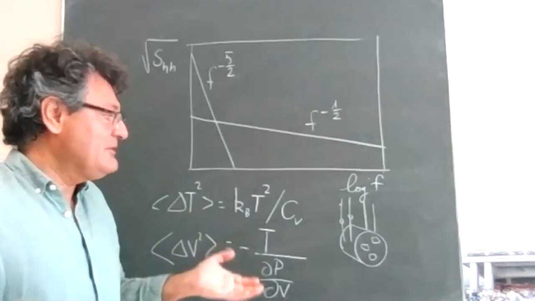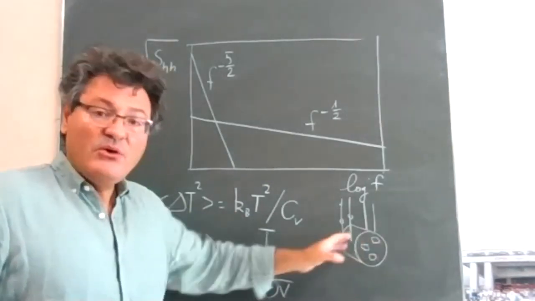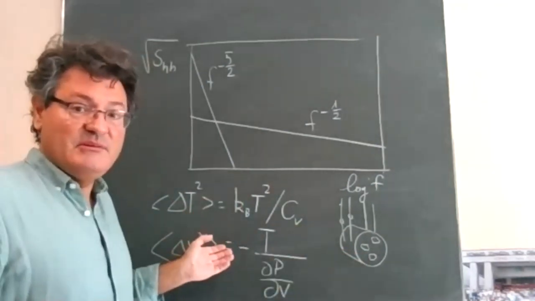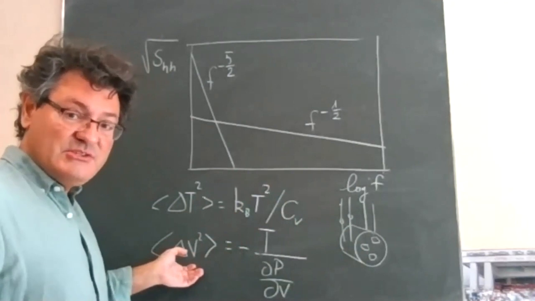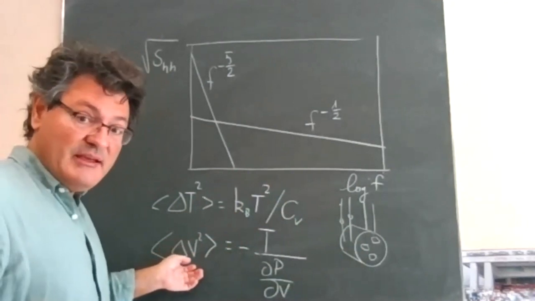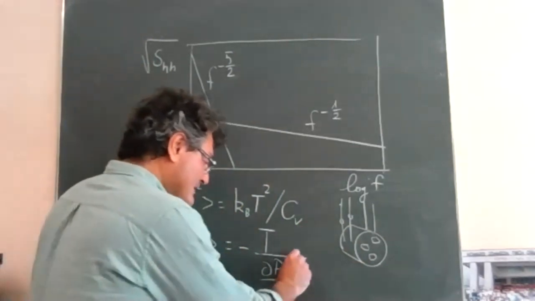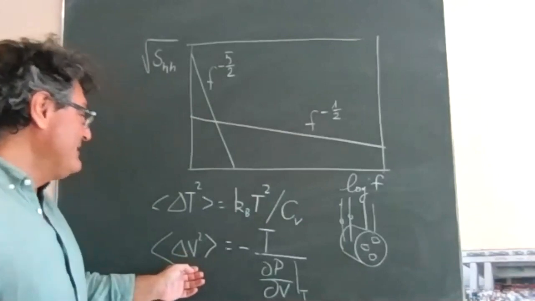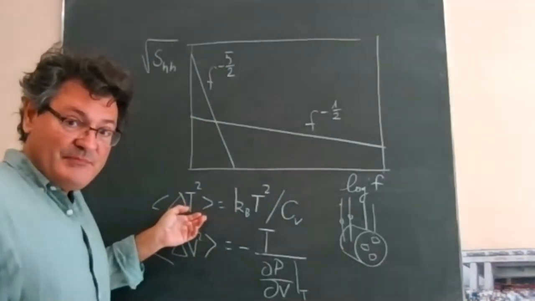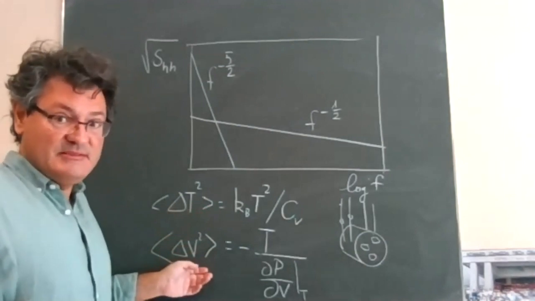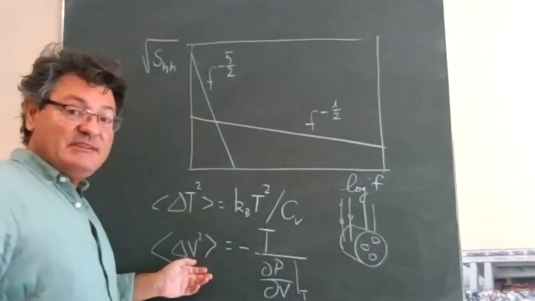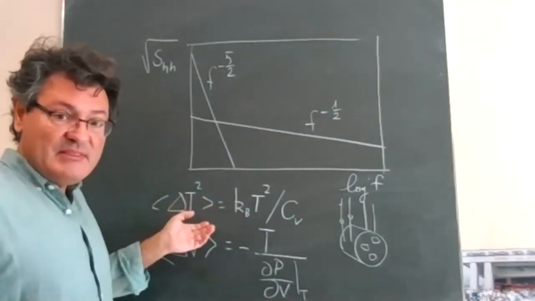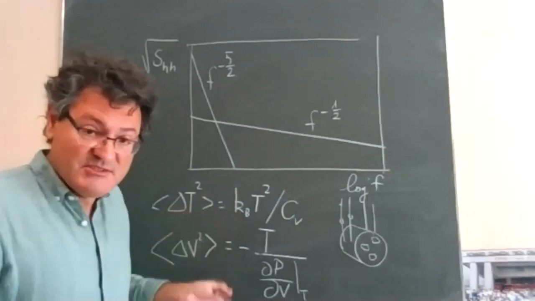So what I want to say is that for each volume of the test masses, we have two independent origins of thermal noise. Thermal noise related to the fluctuation of the volume, which I want to point out is calculated at constant temperature, and fluctuation of temperature. Normally, this is the only thing that matters to us. But unfortunately, since we are dealing with real materials, all materials have a thermal expansion coefficient that is not zero.